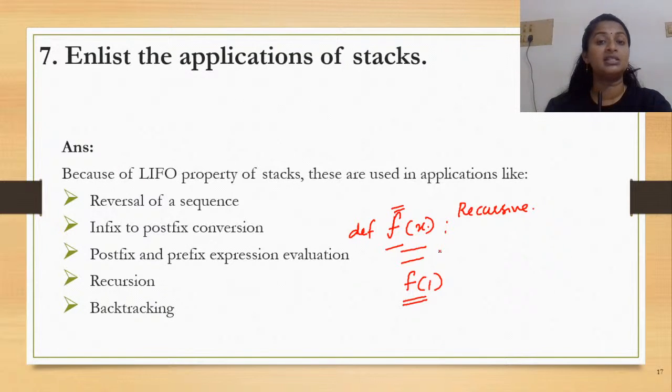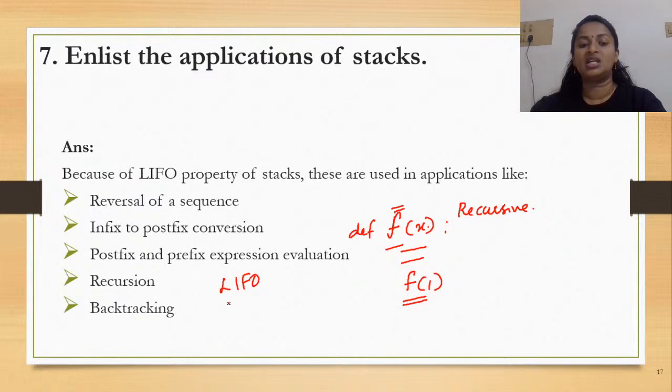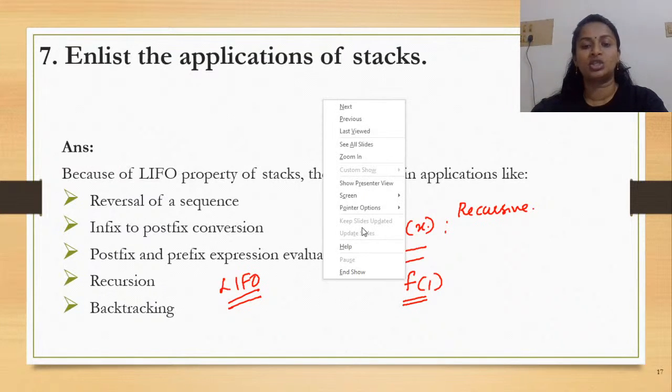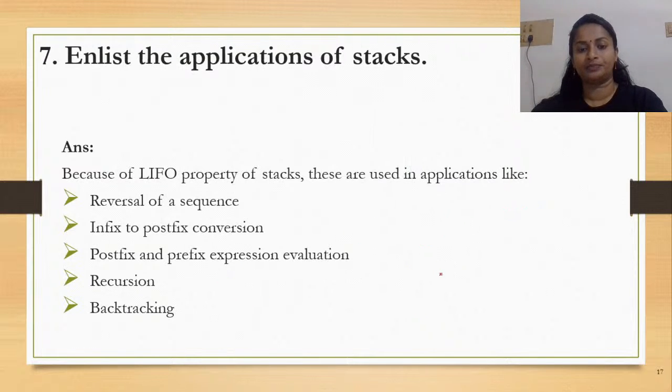In the sense that it should have a return address stored somewhere. In this case, we use stacks for storing the return address. Why? Because definitely the LIFO technique is going to be exploited here. What is it? Last in, first out. So the innermost function has to be returned first. So the return address for the innermost function would appear at the topmost position in the stack.